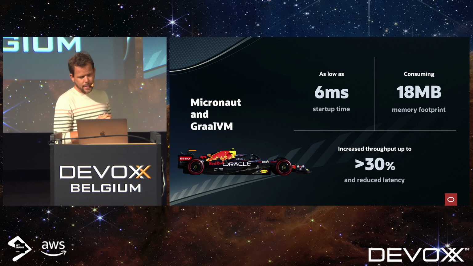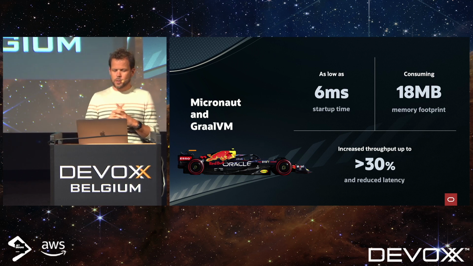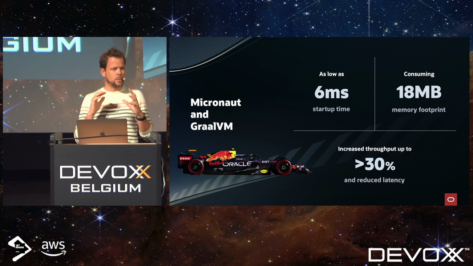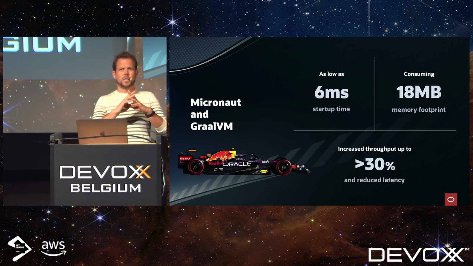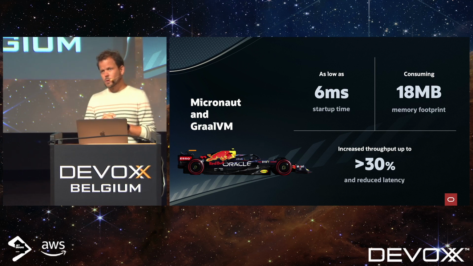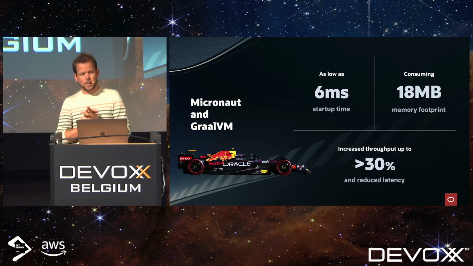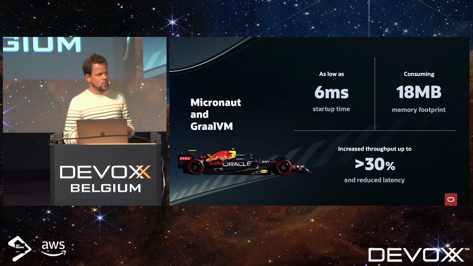And the reality is that Native Image has allowed Micronaut applications and Java applications in general, not just Micronaut applications, to go places that were technically impossible before, right? So now Micronaut, for example, is a valid choice for building serverless applications because the cold start problem is solved.